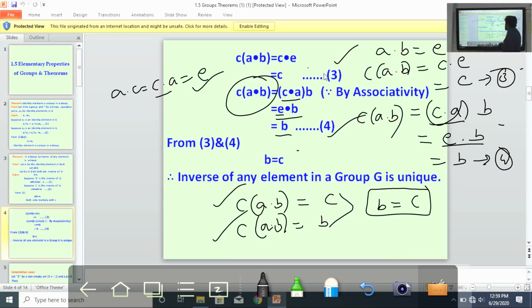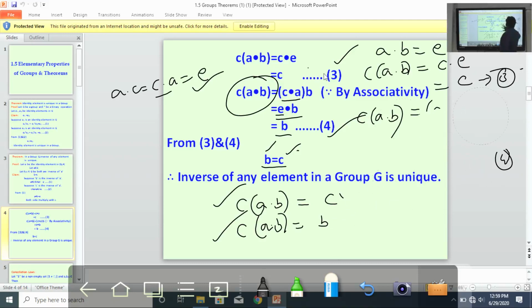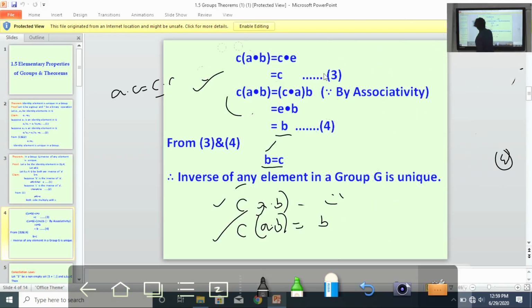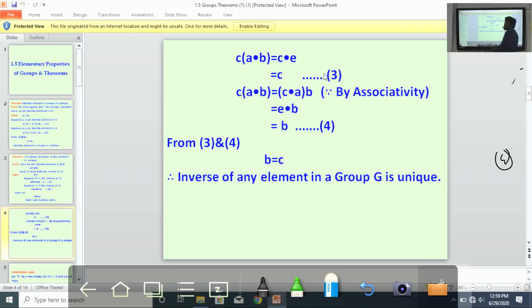Therefore B equal to C. B is the inverse of A, C is the inverse of A, but here B and C are the same. That means inverse of A is unique. So the identity element is unique, and the inverse of any element is also unique in G.